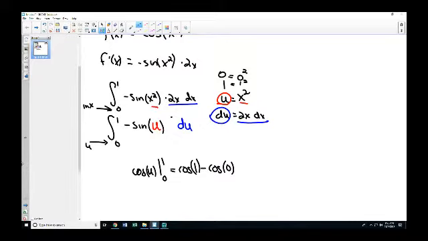Wouldn't it be cosine 1 squared minus cosine 2? No, that's the beauty of changing these. You don't ever have to bring u back. Why is it negative? What's the antiderivative of sine? Negative cosine, the opposite of that. So that's the beauty of changing these: you don't have to worry about changing it back to x squared.